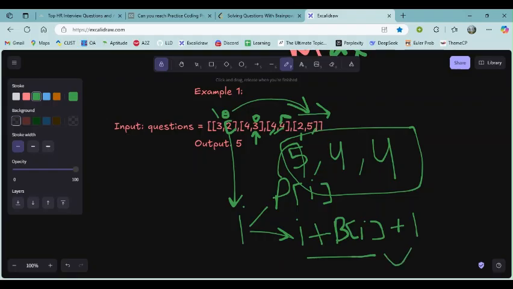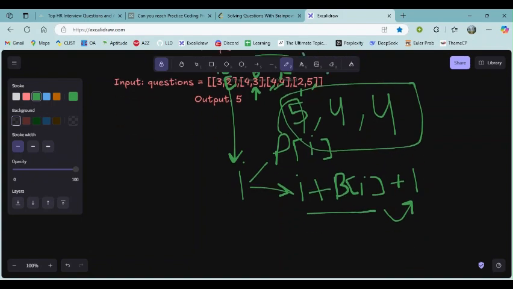We have to skip those problems, and we can try to solve the problem at i plus B[i] plus 1. And if I do not take it, then I can go to i plus 1.